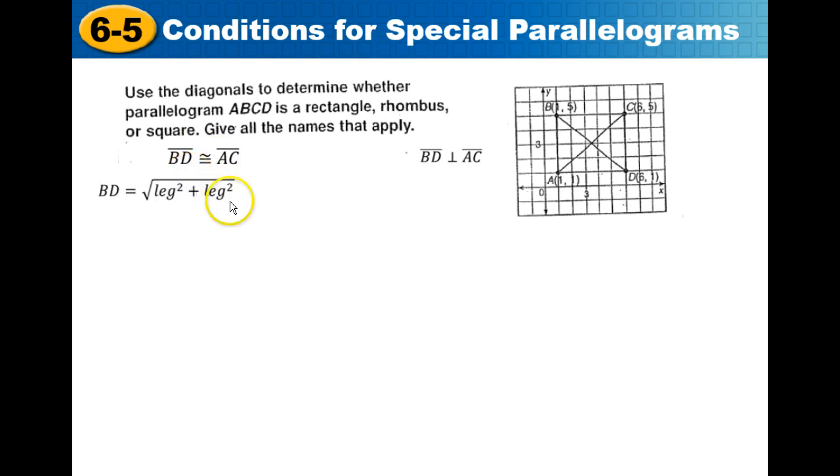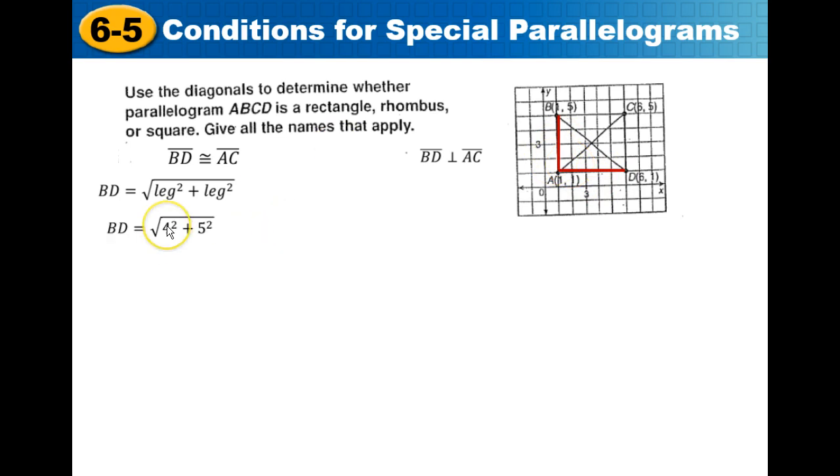So the first thing we're going to do is draw a right triangle relative to BD. In other words, we need to find the distance of this segment, or the length of it. We can do that by counting blocks down, 1, 2, 3, 4, and across, 1, 2, 3, 4, 5. Those are the legs of the right triangle.